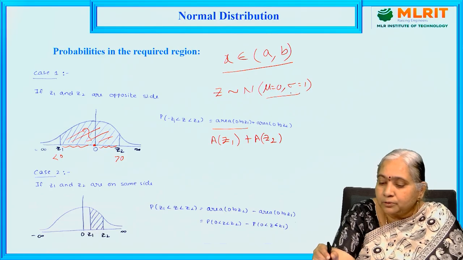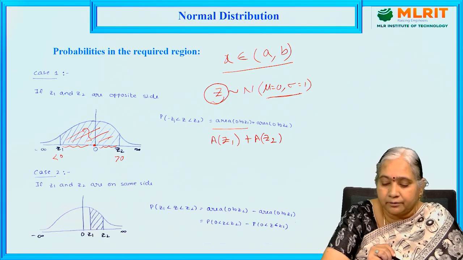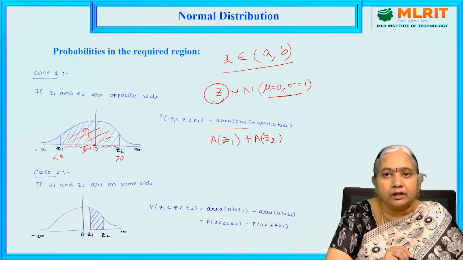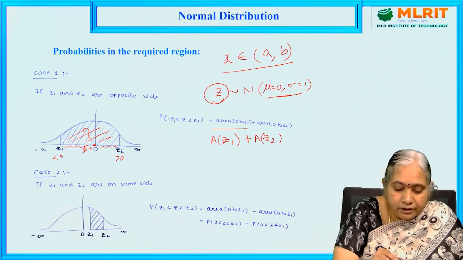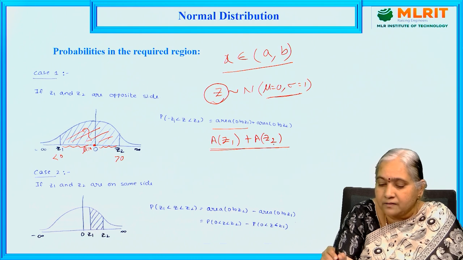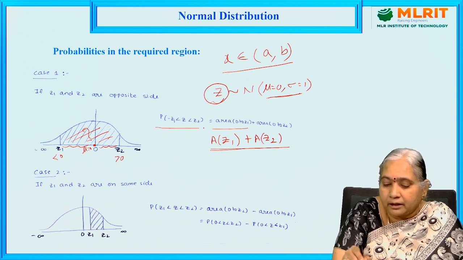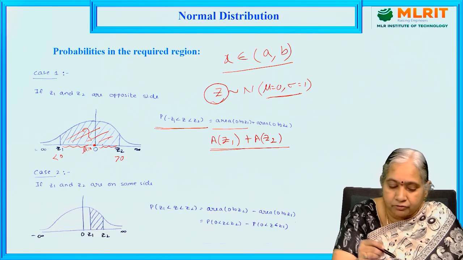So these two are fixed values for the standard normal variable Z. So that's why mean mu equals 0 and standard deviation is 1. So area of Z1 plus area of Z2. If we add these two areas or probabilities, then we get the required probability that Z lies between Z1 and Z2. This is the first formula.